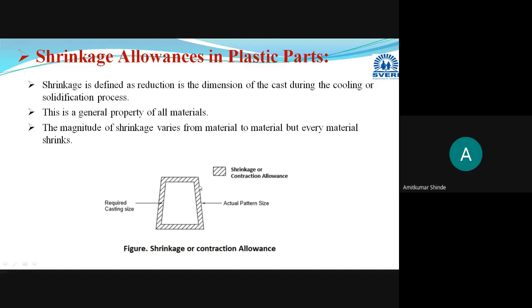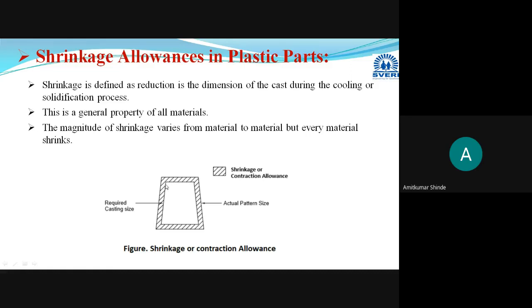Suppose this is the required product size, this internal product size, but the actual pattern used will be of this bigger size. Whichever difference is there, to compensate the shrinkage, this much difference we are providing.